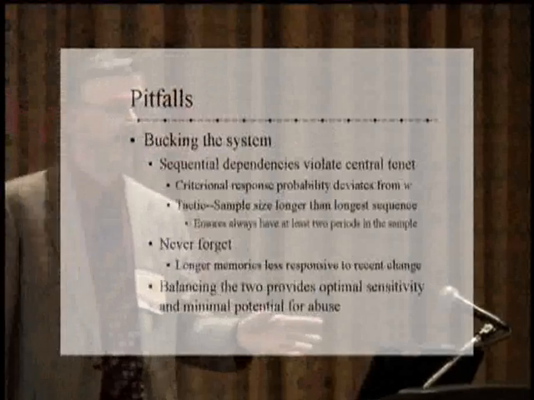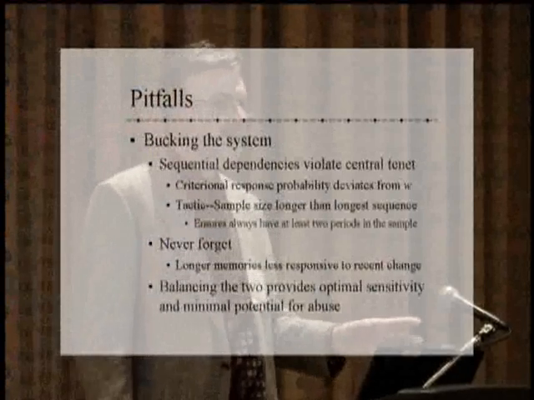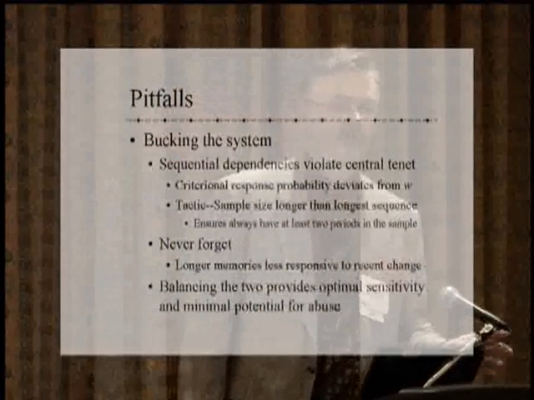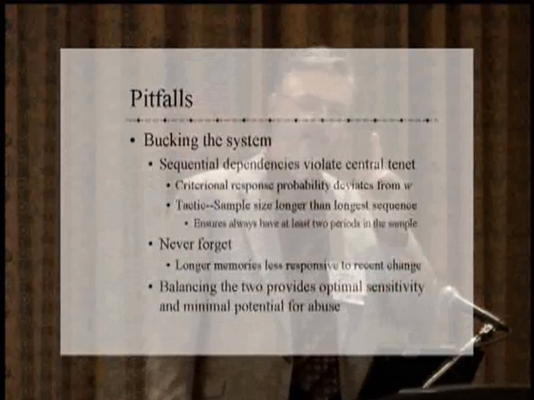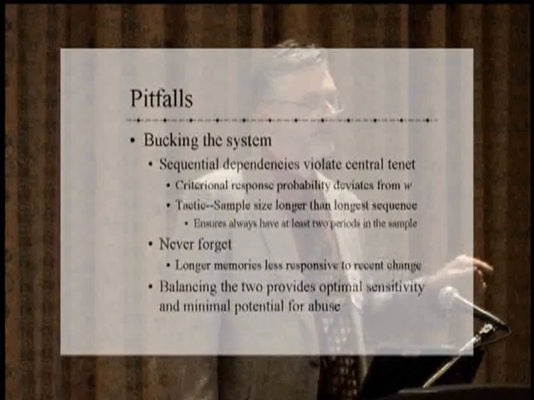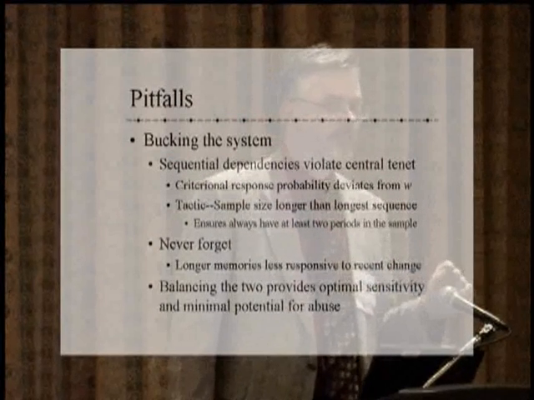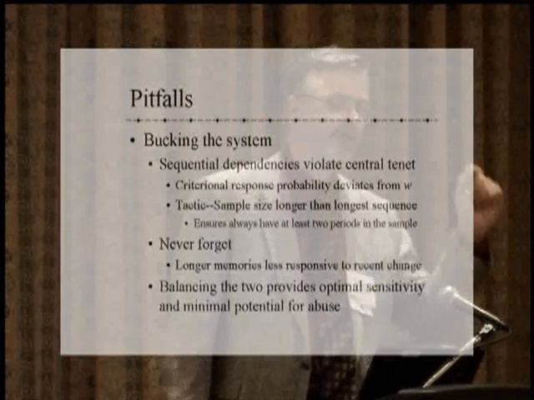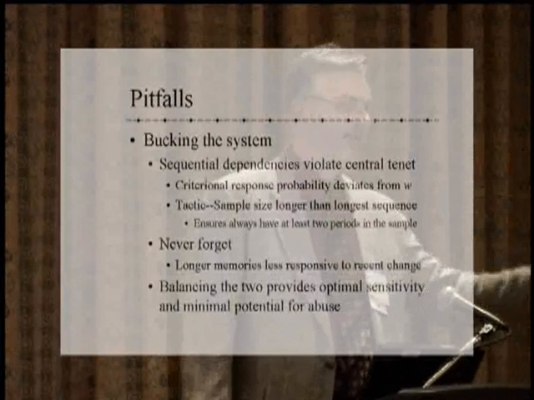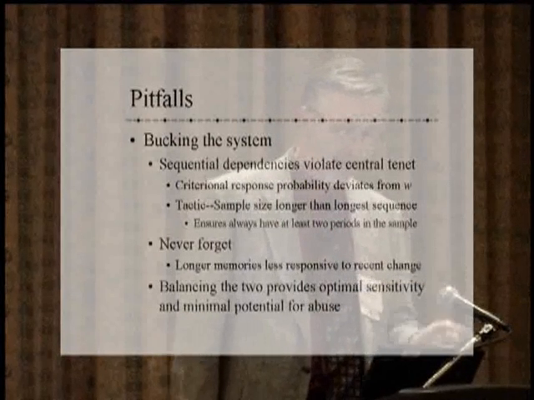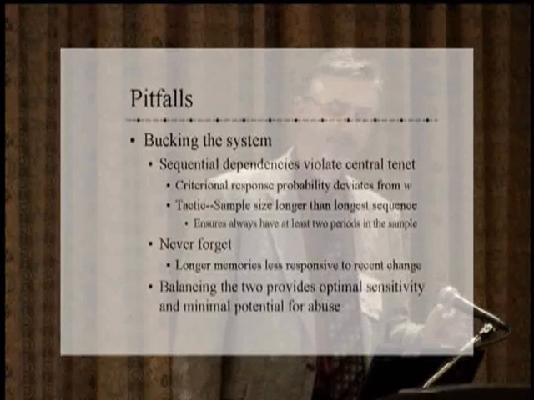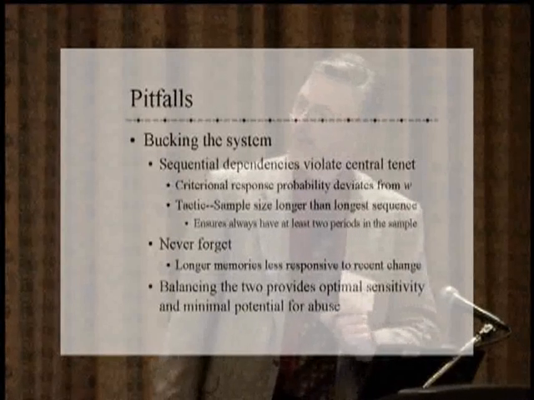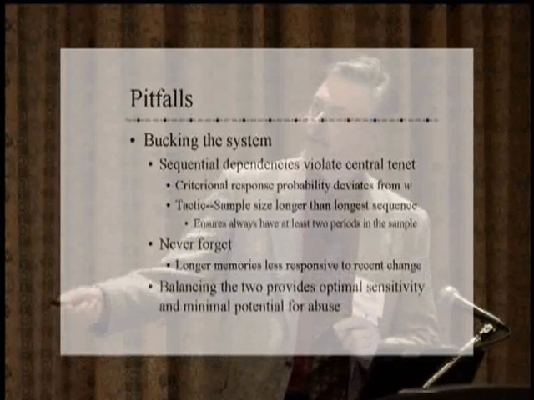There's one pitfall in using percentile schedules, and that's sequential dependencies. If the subject comes in and progressively increases or decreases their responding along the dimension, so if I were to drive 200, 210, 220, 230, 240 yards, I can drive the criterion response probability away from its intended value.